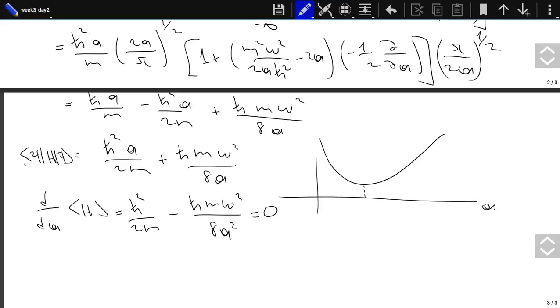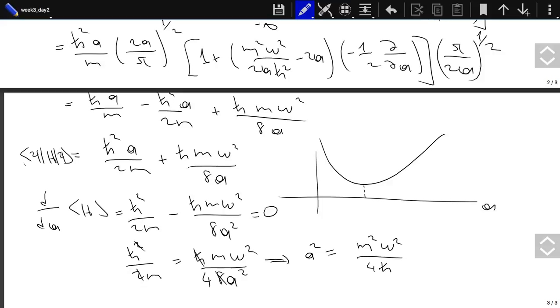This should be equal to 0. h bar squared over 2m should be equal to h bar m omega squared over 8a squared. Well, h bars, they cancel. Here there's a 4. This is omega squared. So a squared is equal to m squared omega squared over 4 h bar. And a is equal to m omega over 2, 1 over square root of h bar.